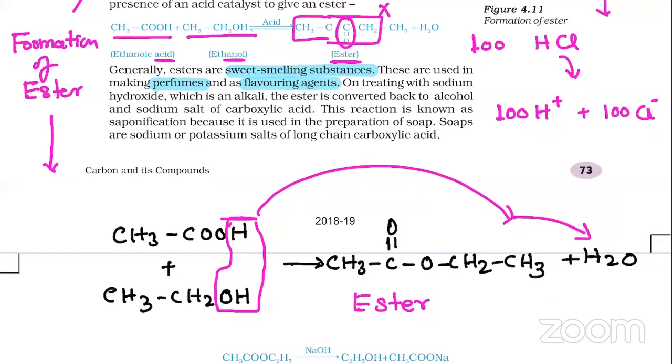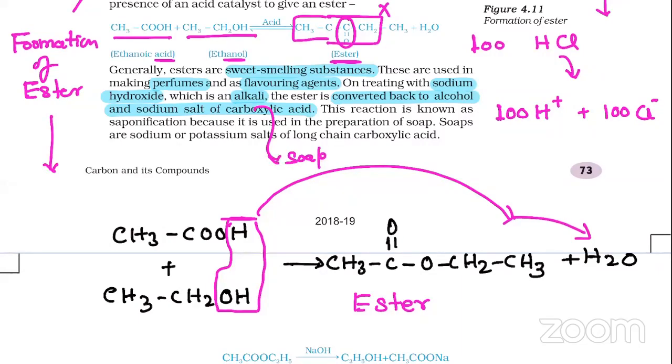On treating with sodium hydroxide, which is a base or alkali, ester is converted back to alcohol and sodium salt of carboxylic acid. And sodium salt of carboxylic acid is called soap.